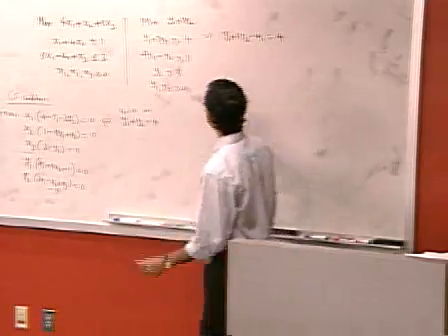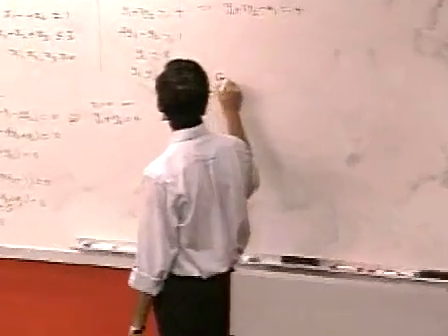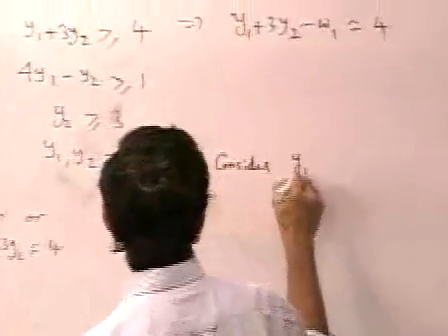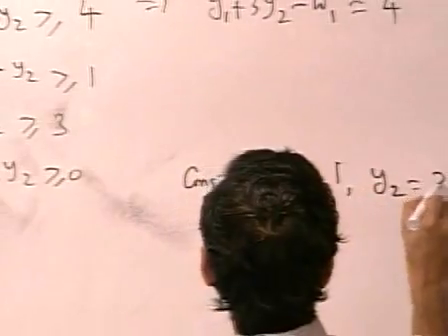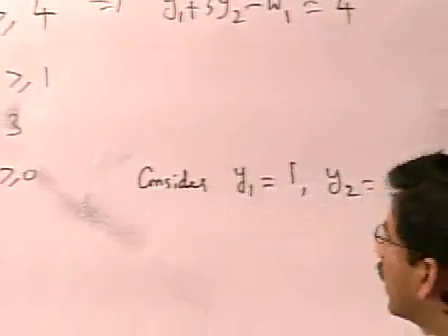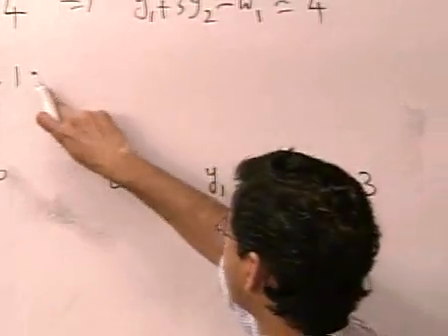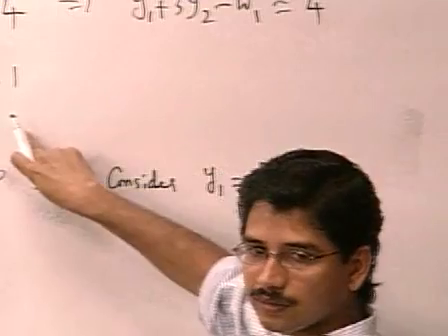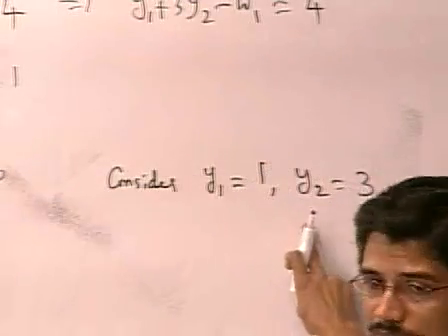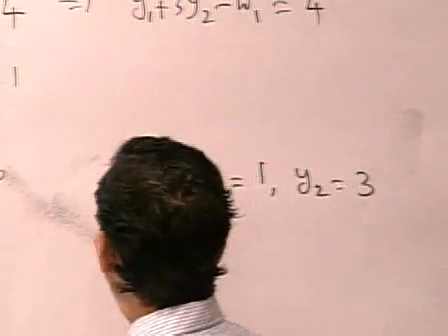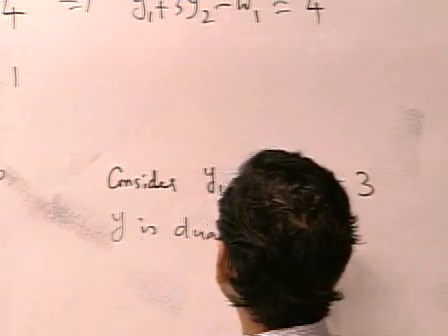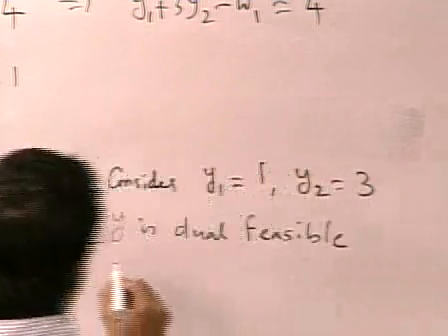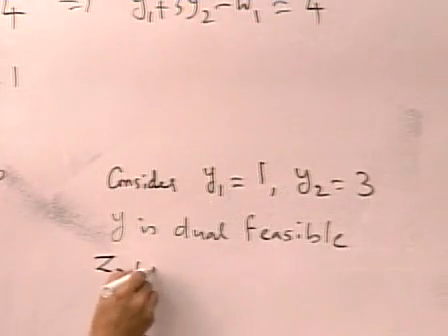So I think we said consider y1 equals 1 and y2 equals 3. And this satisfies all of the constraints, and so y is dual feasible, and ZD of y equals 10.